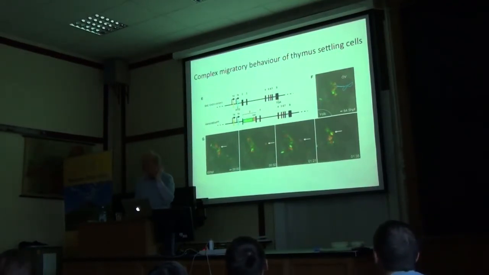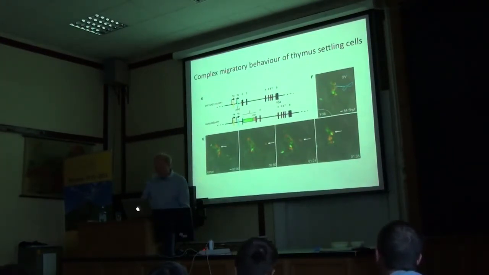So this migration and homing process is not a directed process that goes straight, cells settle there, finished, but rather it's a statistical process. They go there, go out, go in, go out, go in, go out, go in, but the net result is that more and more cells collect in the thymic rudiment.